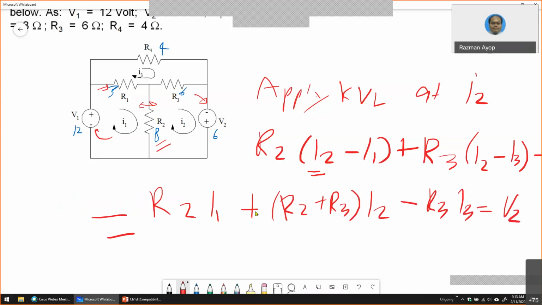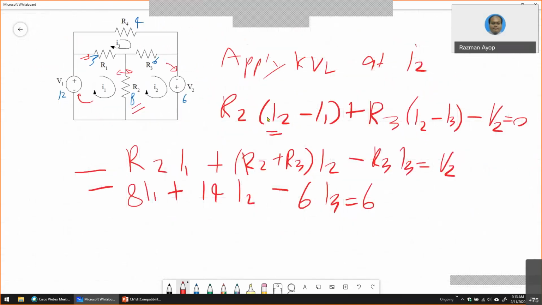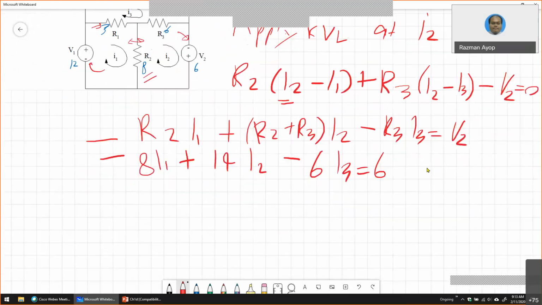Negative R2 is negative 8 I1, plus R2 and R3 is 8 plus 6, 14 I2, minus 6 I3 equals V2, which is 6. So you get the second loop equation.